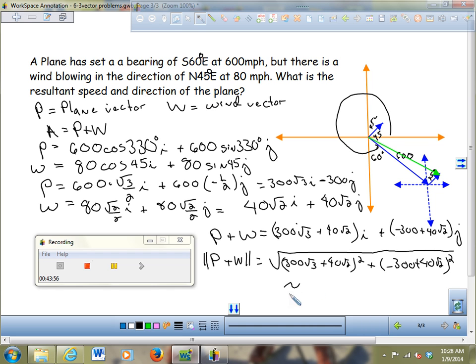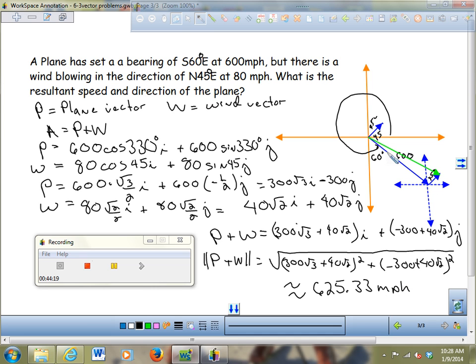And if you do that on your calculator, you should get approximately 625.33, and that'd be in miles per hour, which kind of makes sense, right?